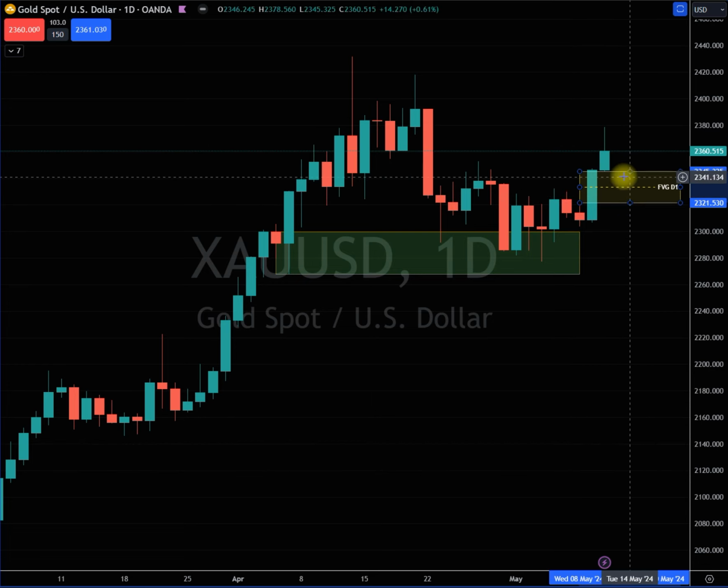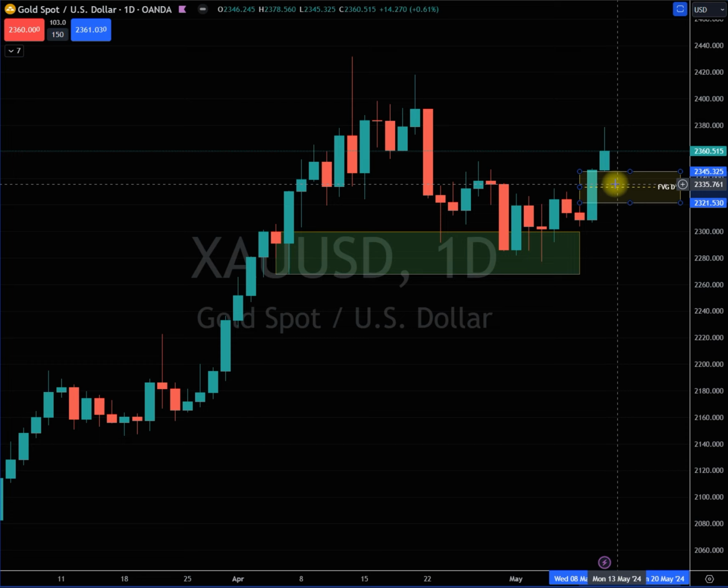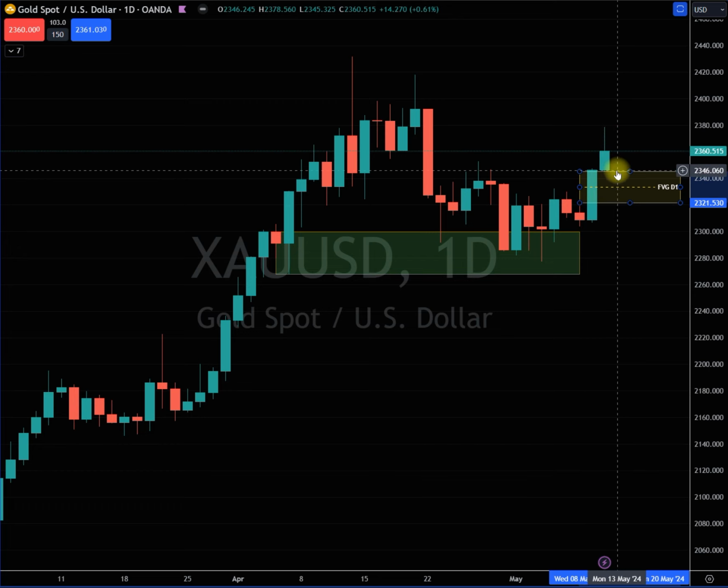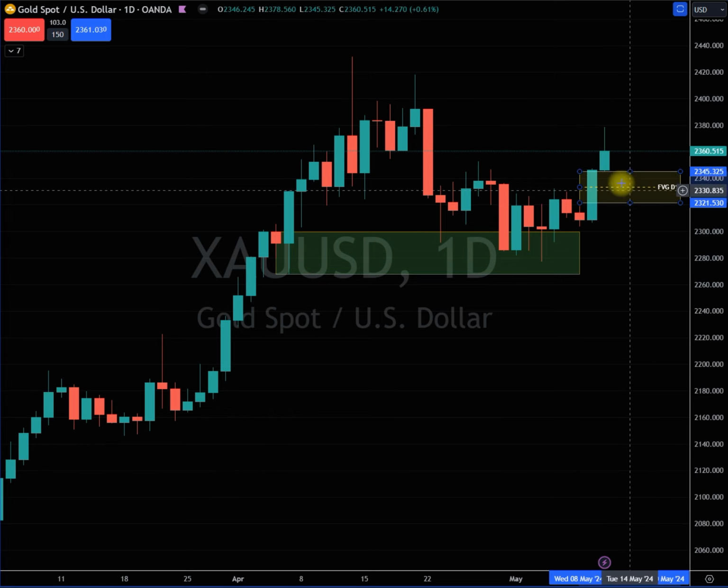If it does retest this level, I want to see it create an IOFED, institutional order flow entry drill, where price just taps into this fair value gap and instantly with speed expands higher away from this level. So that is something that I want to see in the next few days ahead.